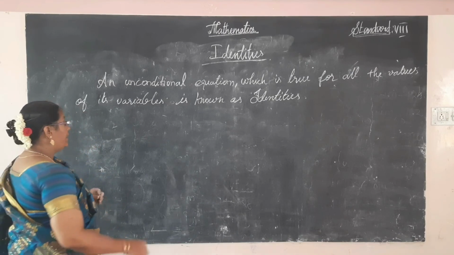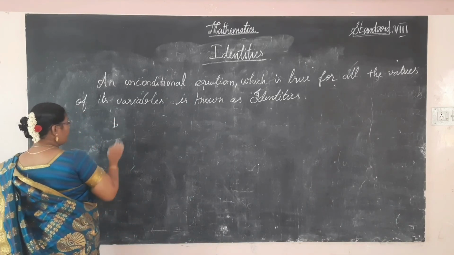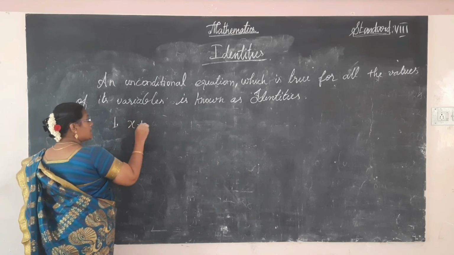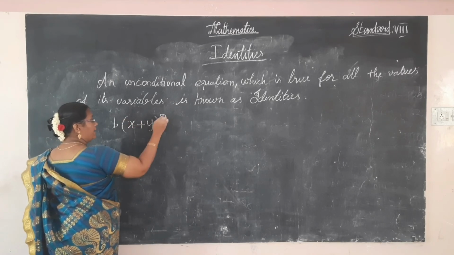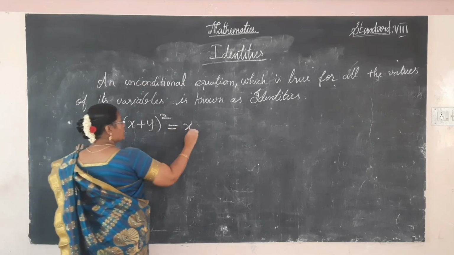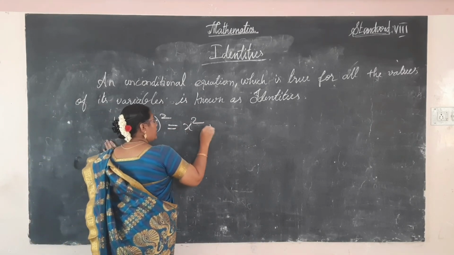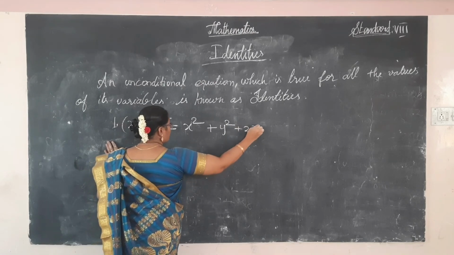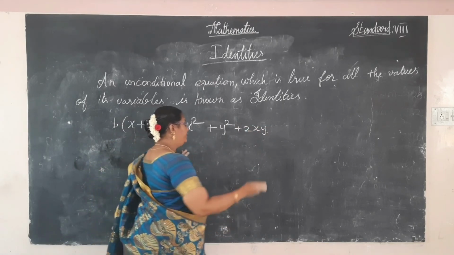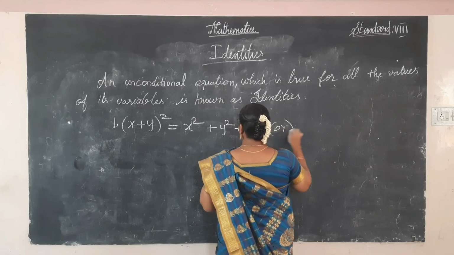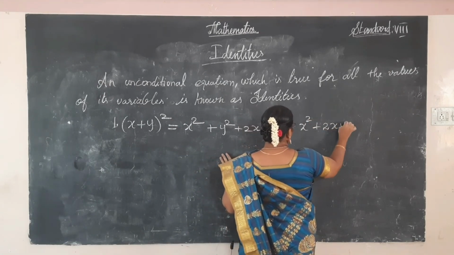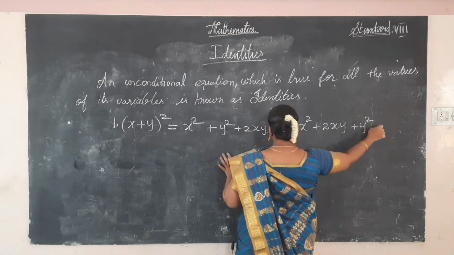The first identity: x plus y the whole squared is equal to x squared plus y squared plus 2xy, or it can be written x squared plus 2xy plus y squared.